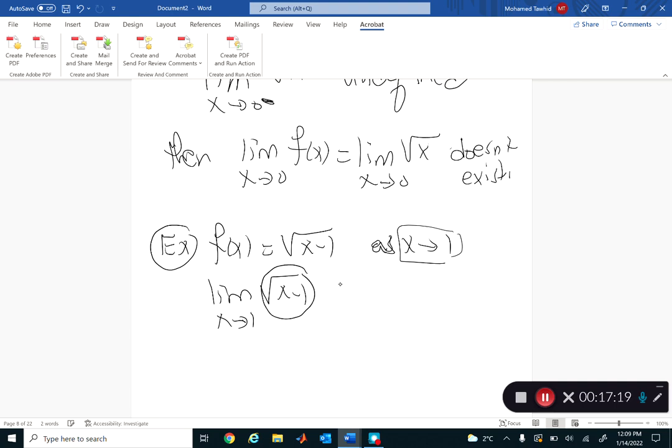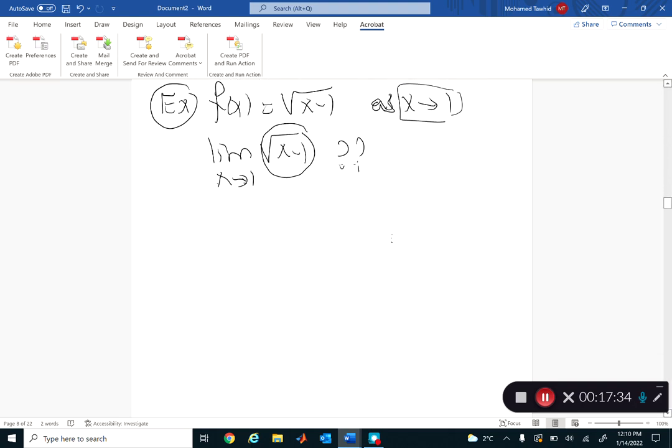I need to find this. So when x is close to 1, square root of x minus 1 equals what? Here is the hint, guys. Whenever you have a square root of something, it's very good to check the domain. What is the domain of this function?